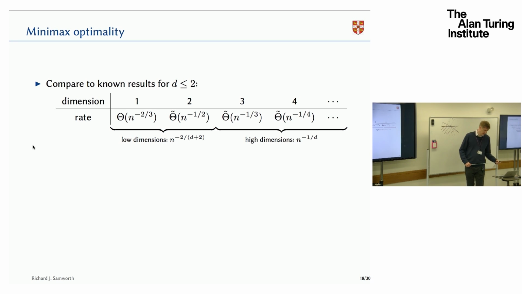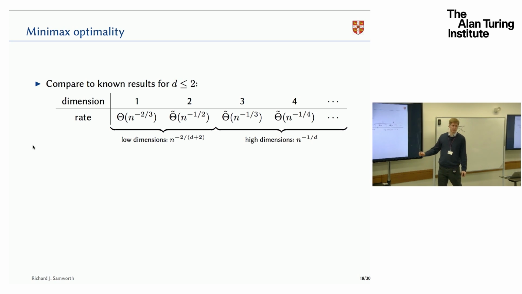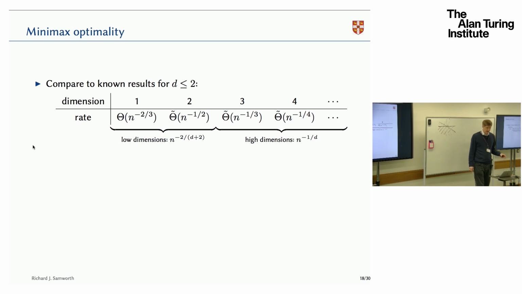So there's a very interesting and, I think, very surprising overall picture here. These results in 1 and 2 dimensions were already known, and those were perhaps the expected rates. The basic idea is that a monotone function is differentiable almost everywhere, and therefore the intuition is that you should expect the same rates of convergence as if you had one bounded derivative.